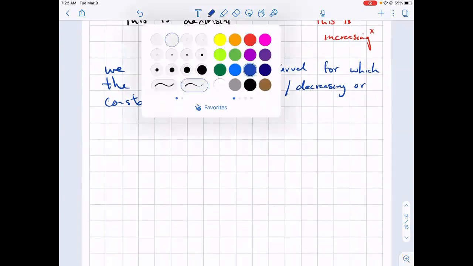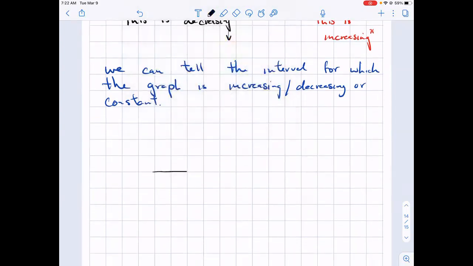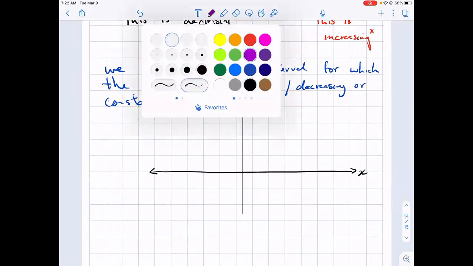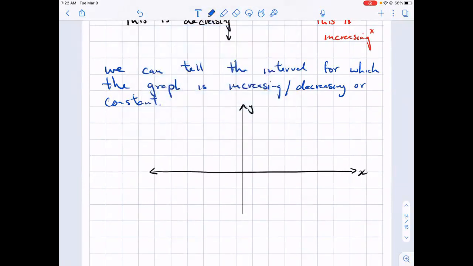So let's look at an example of this. If we have this graph, and let's say the graph looks like this. So here, it comes back here, goes over here, and then goes up there. So this is your graph.